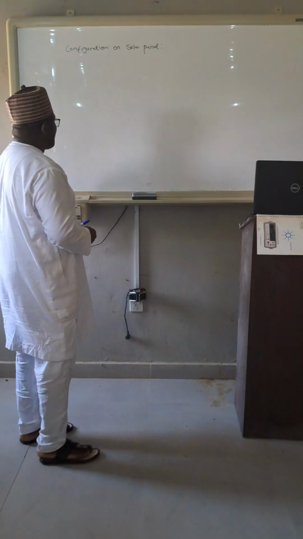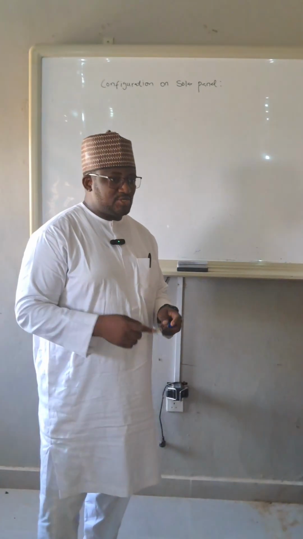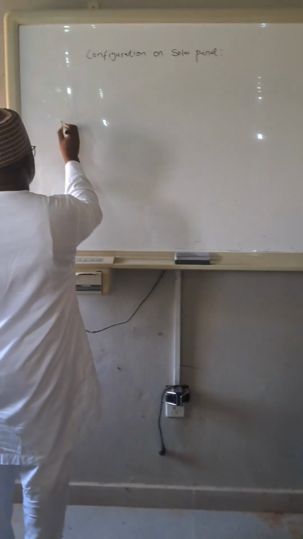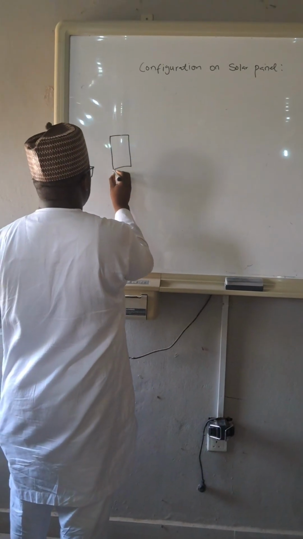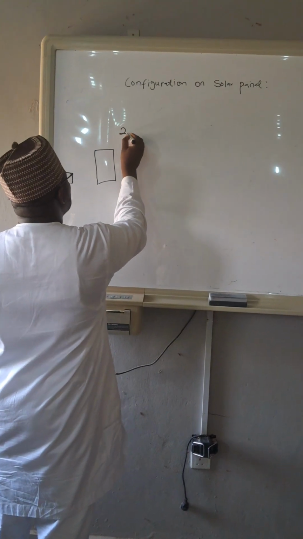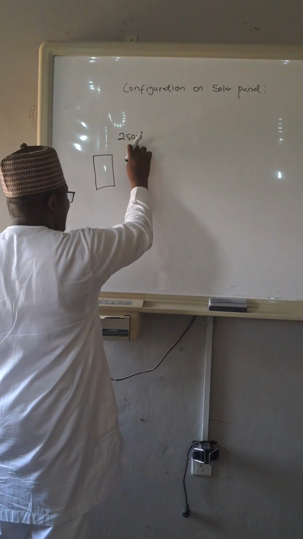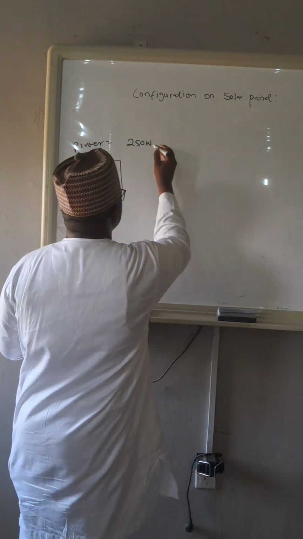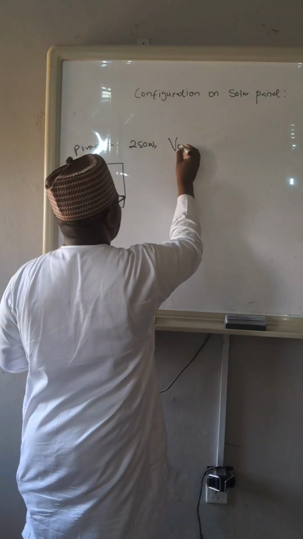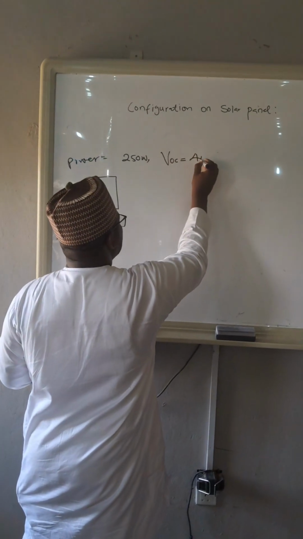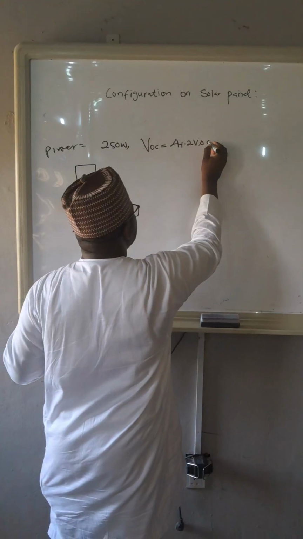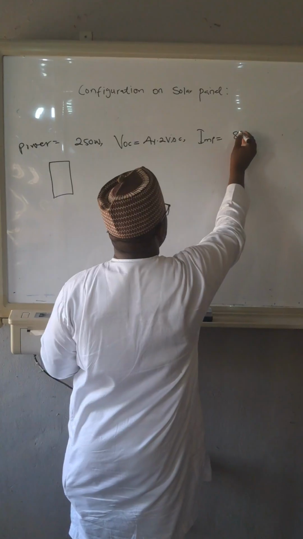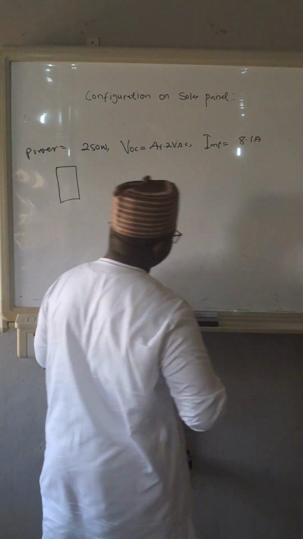If we have more than one panel, we have to connect them together to give us the required output. Let's say we have a 250 watt panel, which is the rated power, power equals 250 watt, and VOC, open circuit voltage, at 41.2 V DC, and IMP, which is maximum power current, at 8.1 amps.